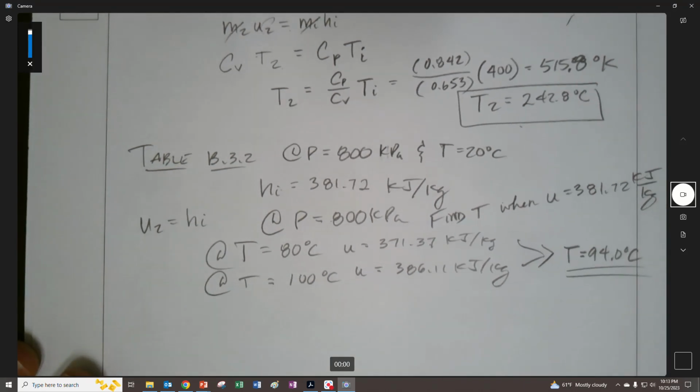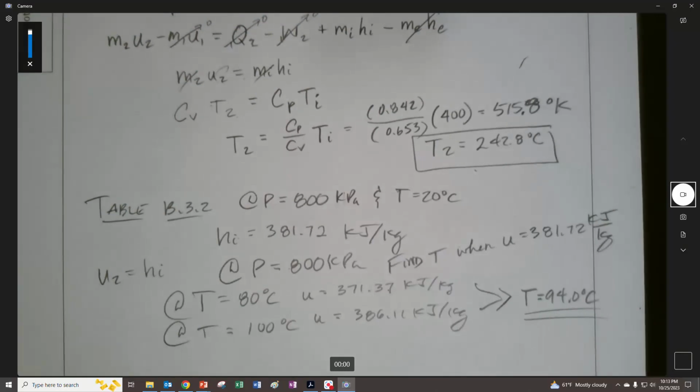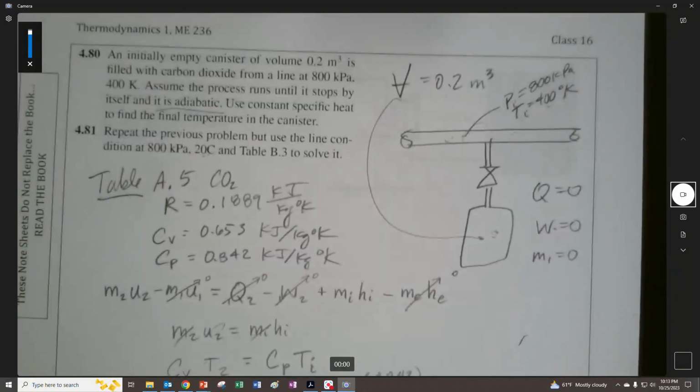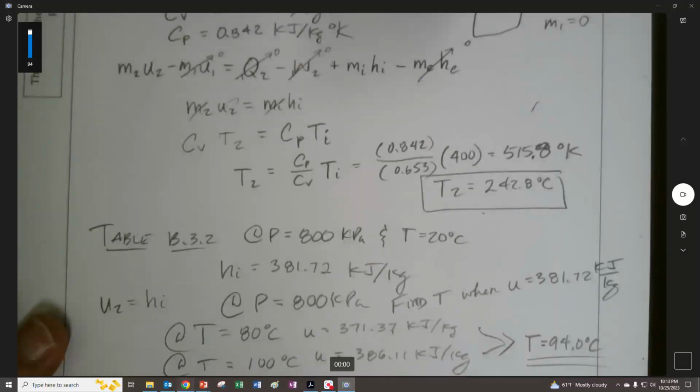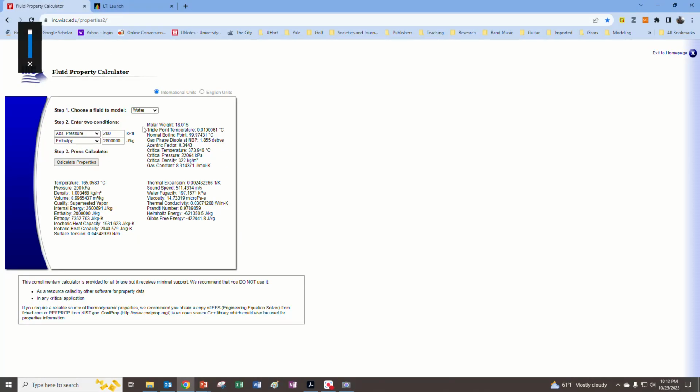Not as satisfying that we can't compare these two. I did something else here, though, which is to look up at this temperature, right? So we have 400 Kelvin, which turns out to be, I said, 123 degrees Celsius. Well, we have a nice little fluid calculator thing here from the fine people of IRC.